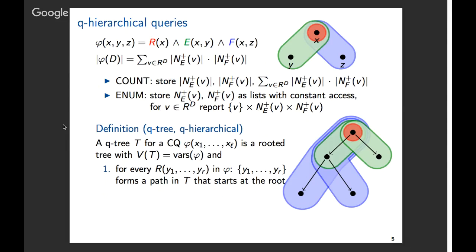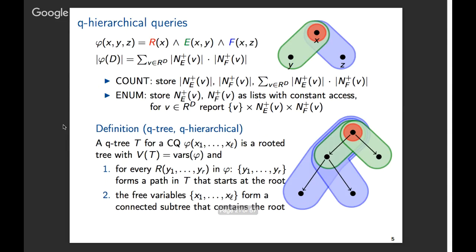One additional thing that we require is a condition on the existential quantifiers: the free variables have to form a connected subtree of this tree that contains the root, meaning that whenever we have an existentially quantified variable, all variables in the subtree starting at this variable are also existentially quantified.